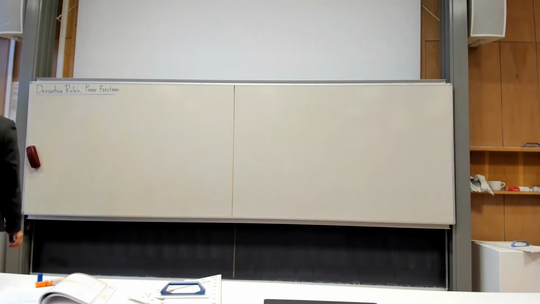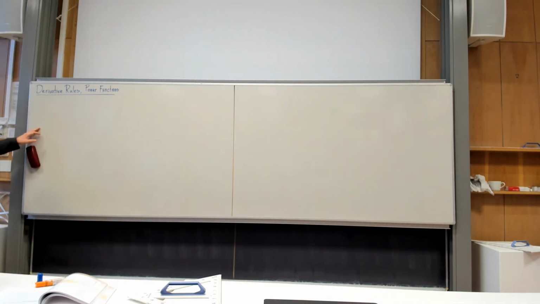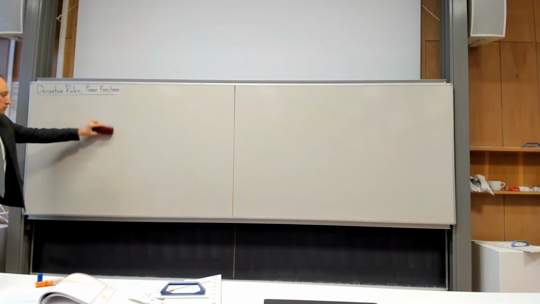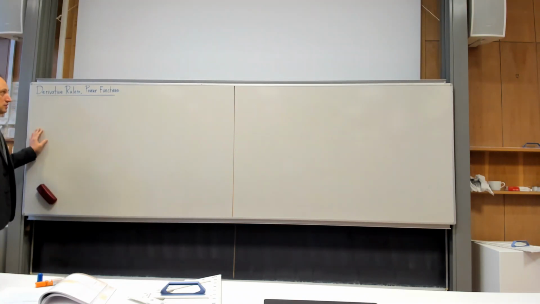So if we have a complicated function and if you want to find the derivative of that function, it is a very long process, okay? And unfortunately, we might need the derivative of different functions. We have to find a way to make it easier for us.